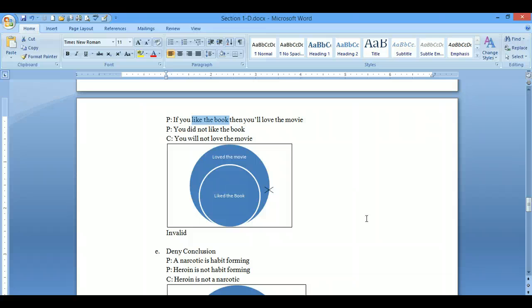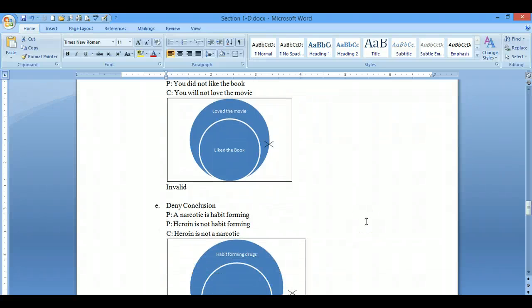Okay, so if a drug is a narcotic, then it is habit forming. Notice this isn't in the standard form of a conditional statement. So I have to think a little bit more about either rewriting it or putting it in the subset in my mind.